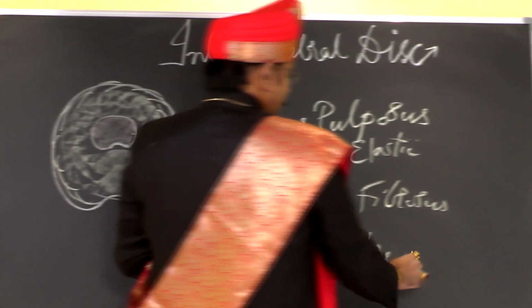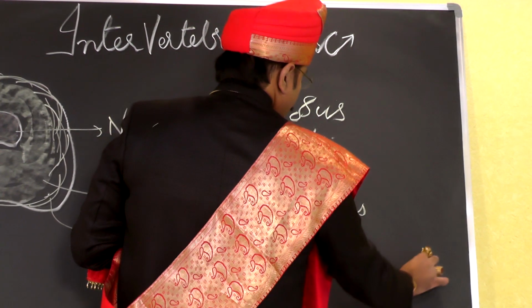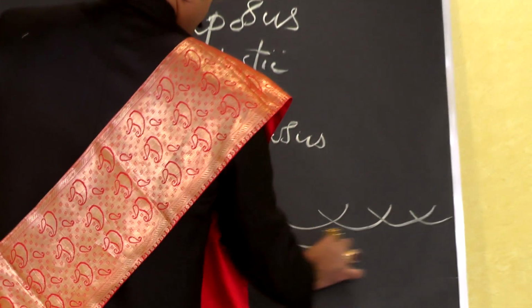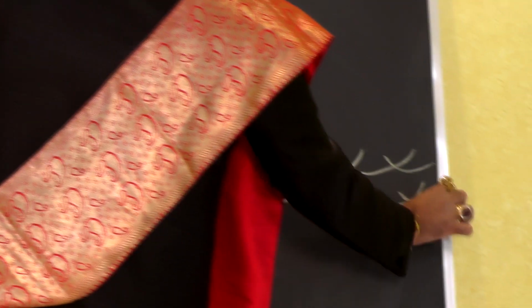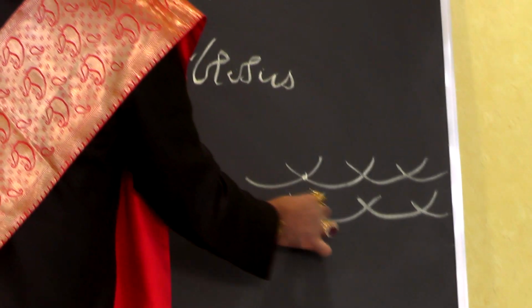If you observe, they are arranged concentrically. They form lamellae, and these lamellae show strong bonds.